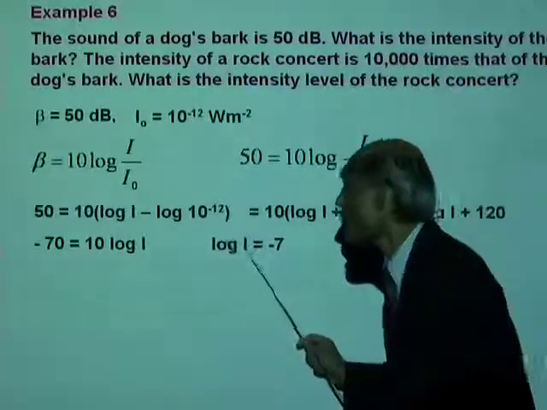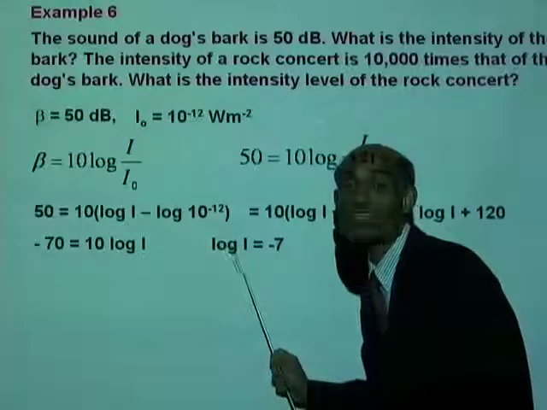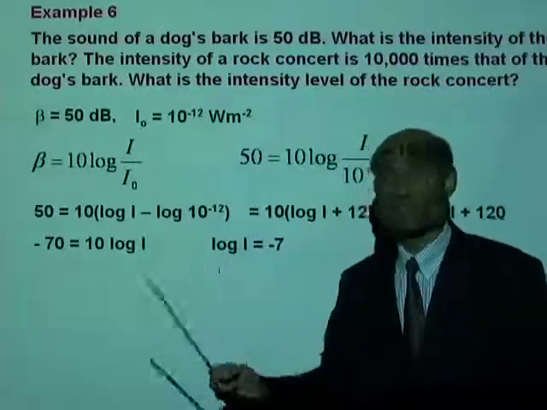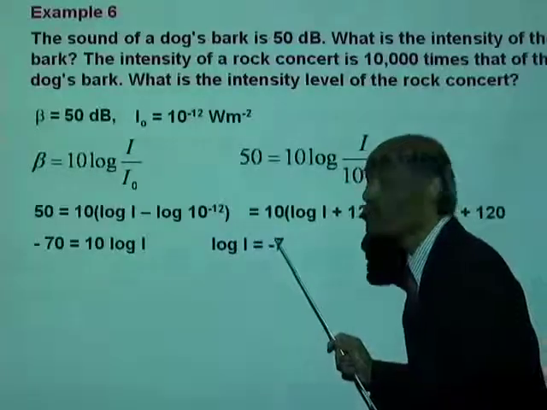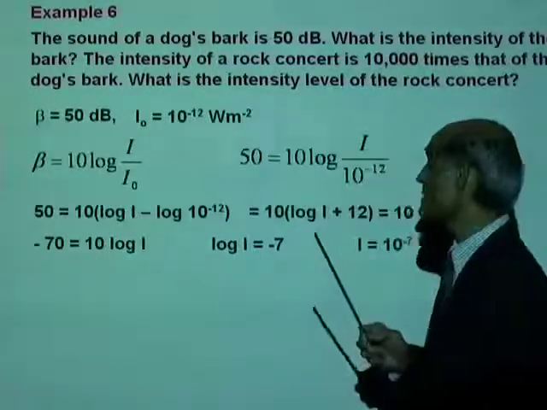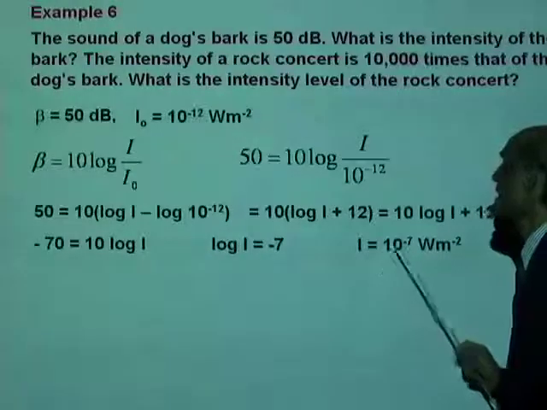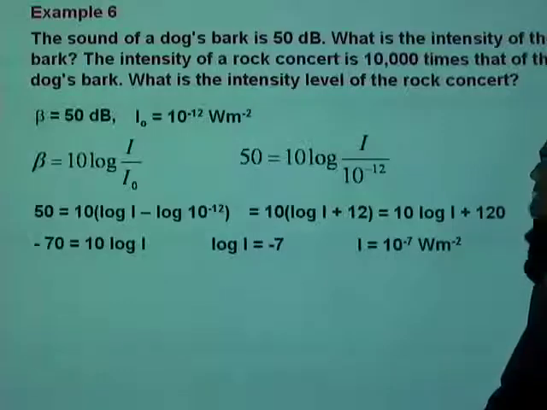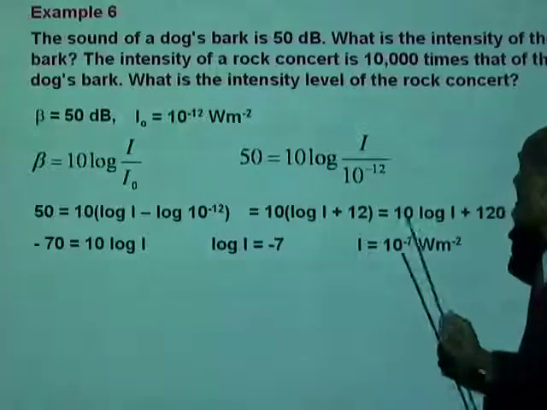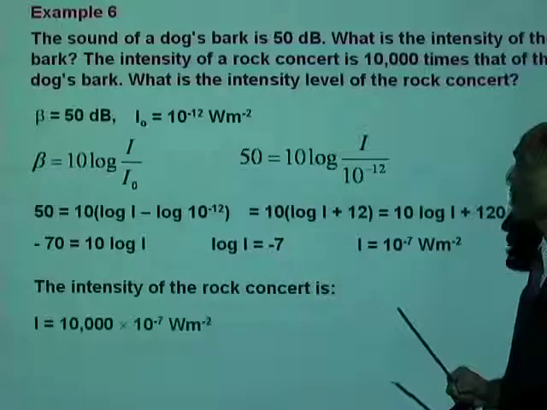Remember, when you write log, the base is 10. If the base is e, it will be ln. So log I equal to negative 7 means I equal to 10 raised to the power of negative 7. You should know that. That means the intensity of the dog's bark is 10 to the power of negative 7 watt per square meter.